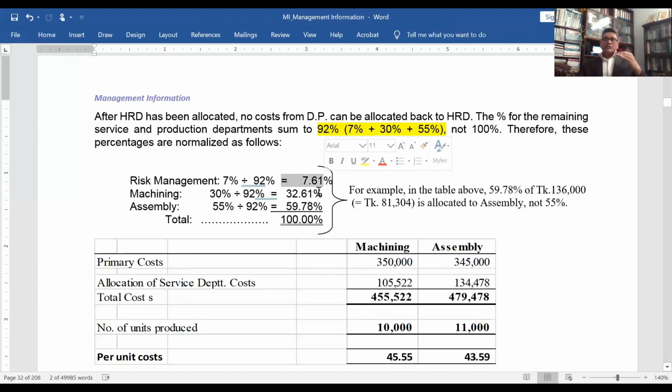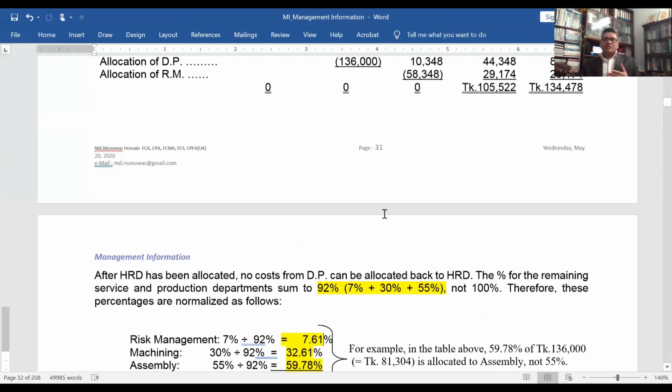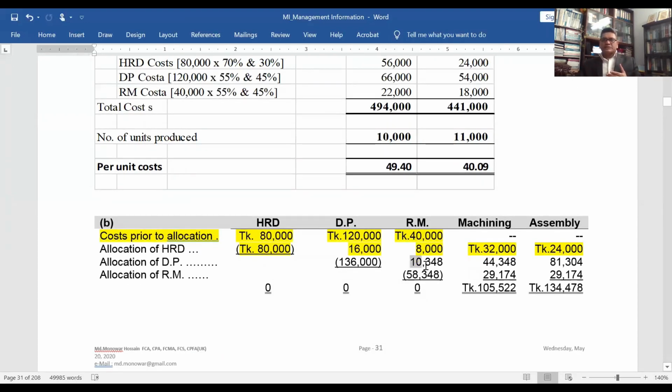So previously 7%, now 7.61% has to be allocated. Then machining 30%, now 32.61%. In this way, assembly 59.78%. It comes to a total of 100%. So this way we allocate 7.61%, 32.61%, 59.78%.